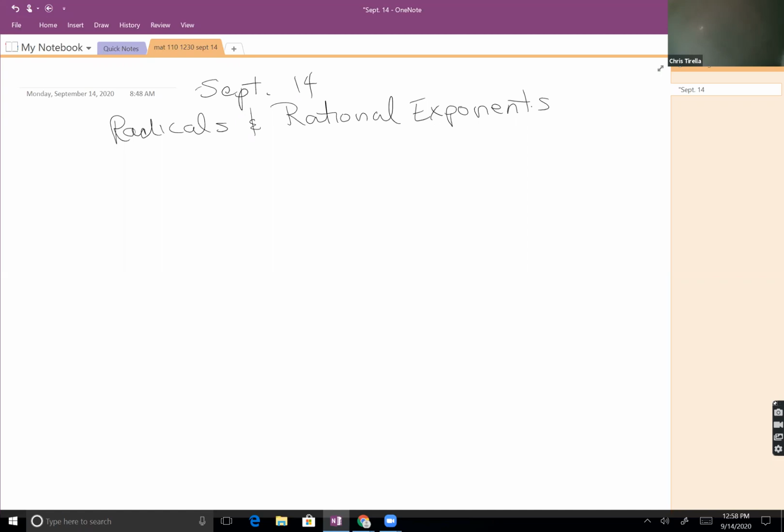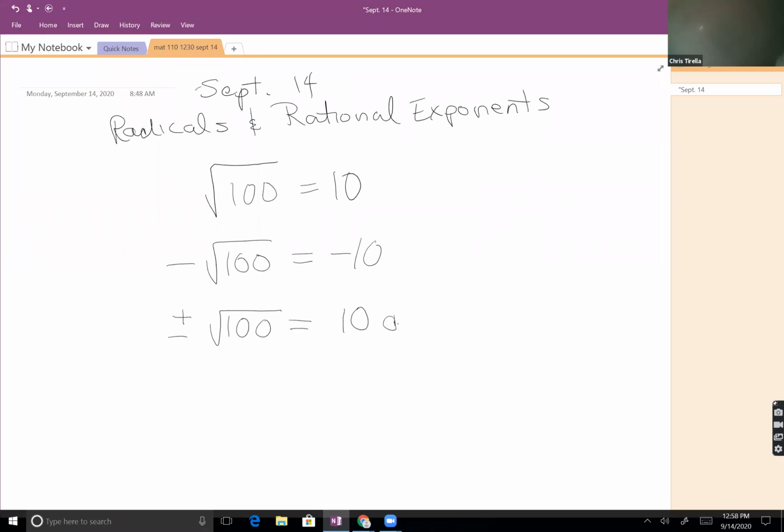We talked about the idea of notation, whether there was a plus or minus there. So for example, we said that if I asked for the square root of 100, written that way, it would be 10. If I asked for the negative square root of 100, it would be negative 10. But every number has 2 roots, and if I wanted both the positive and the negative, I would have that plus minus sign, and I would put both answers, 10 or negative 10. Everybody comfortable there?